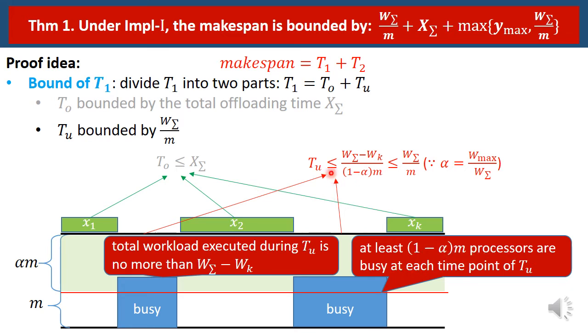So Tu is bounded like this, which is the workload executed during Tu divided by the minimum number of busy processors. And according to alpha's formula, we can find that Tu is eventually bounded by W sigma divided by m, just like this.